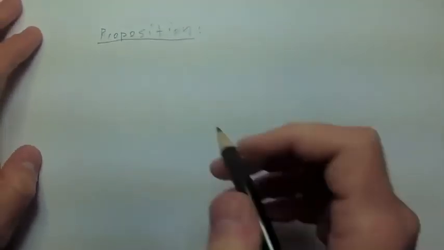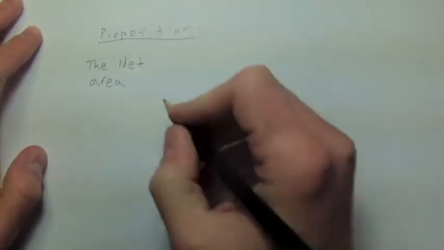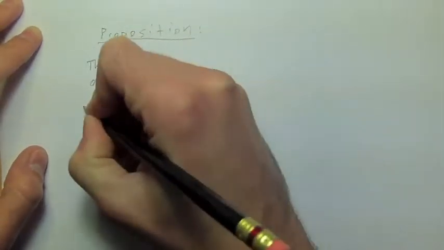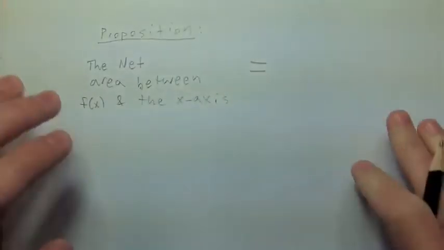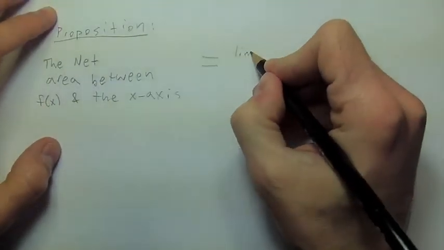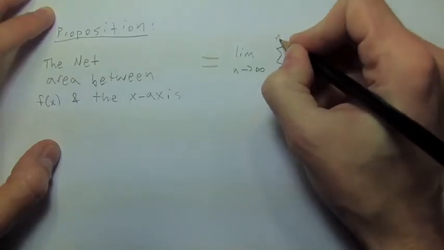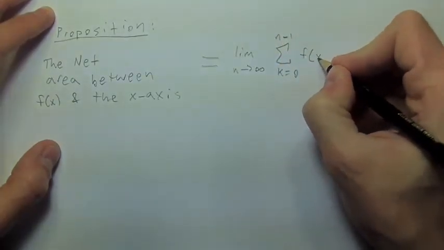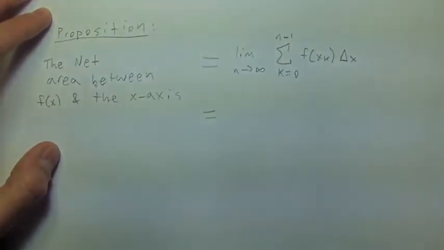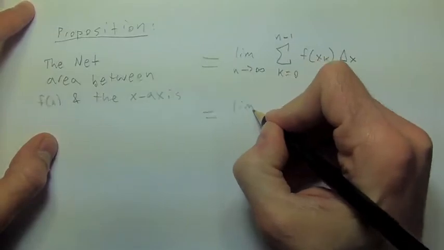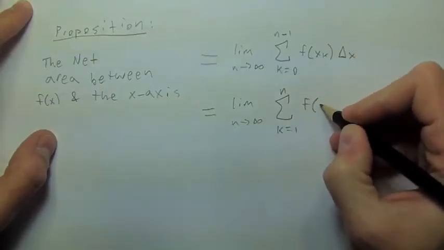The proposition is that the net area between f of x and the x-axis is actually equal to the limit as n goes to infinity of this sum, k going from 0 to n minus 1, f of x_k delta x, which is also equal to the limit as n goes to infinity of the right-handed sum, k going from 1 to n of f of x_k delta x.